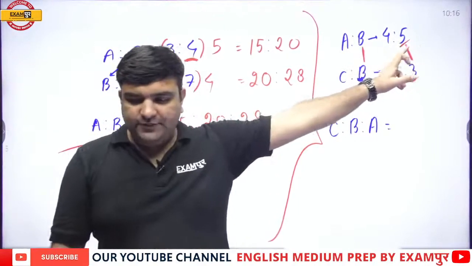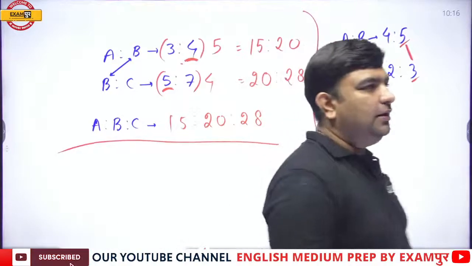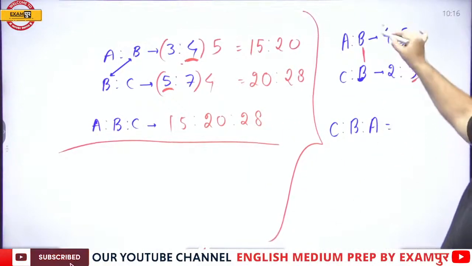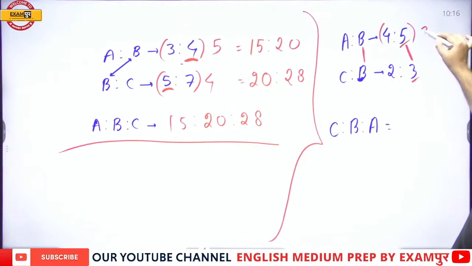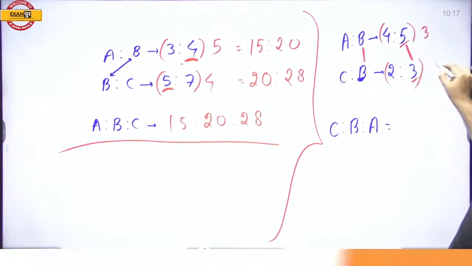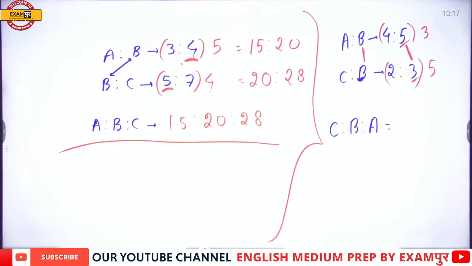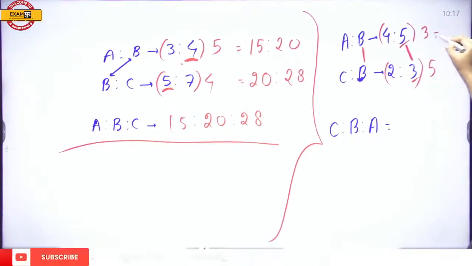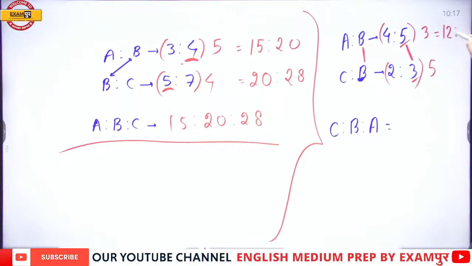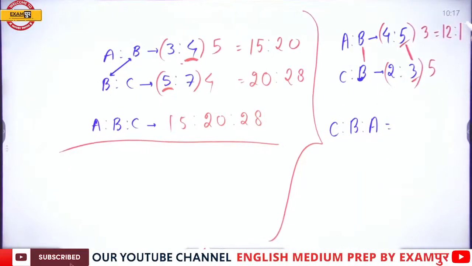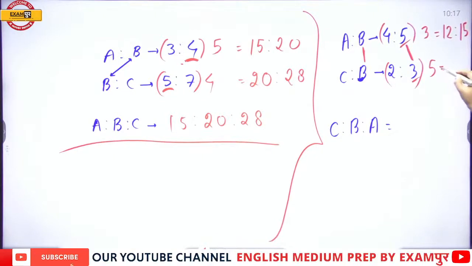At one place B is 5, at another place B is 3. Make sure that the value at both places is same. So multiply by 3 here, multiply by 5 here, inverse, to make it 15 each. So A ratio B becomes 12 ratio 15, and C ratio B becomes 10 ratio 15.